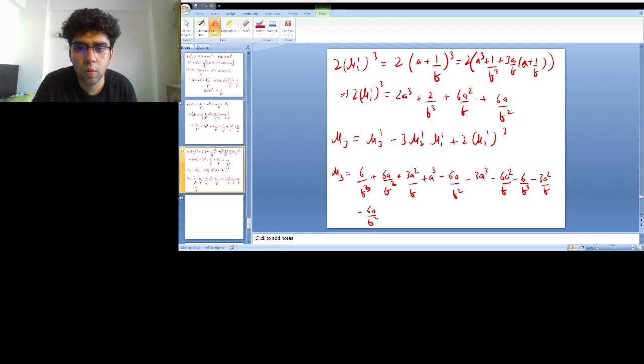Now adding this whole term, this gives me 2a cube plus 2 upon b cube plus 6a square upon b plus 6a upon b square.